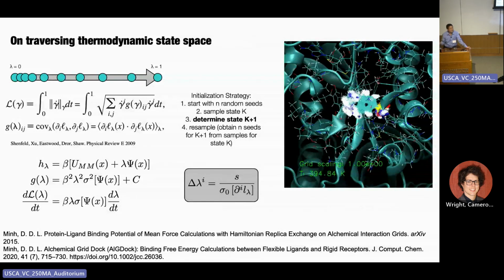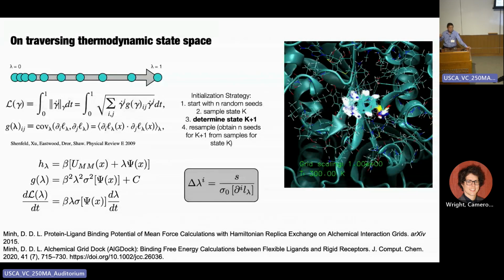I wasn't going to talk a lot about the schedule idea, but I worked on this idea of thermodynamic length that with John Chodera at some point we worked on. And basically, the ideal protocol has equal spacing in thermodynamic length. And I suggested that you could sort of trailblaze.